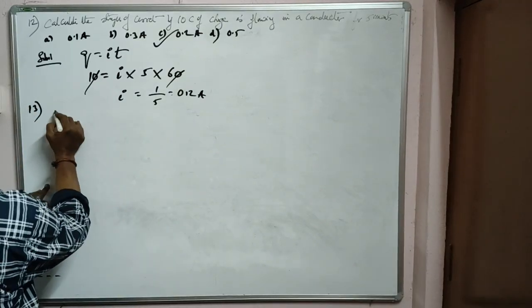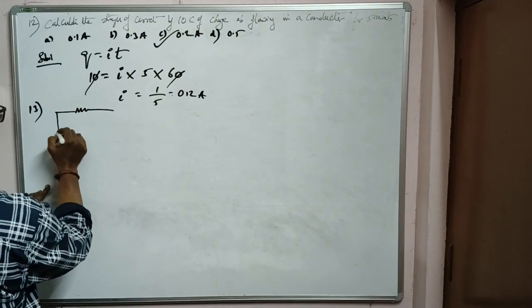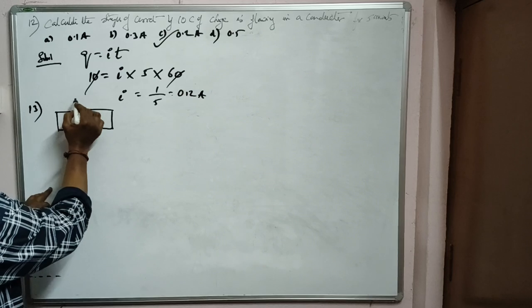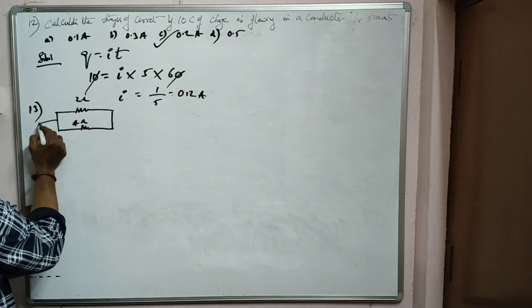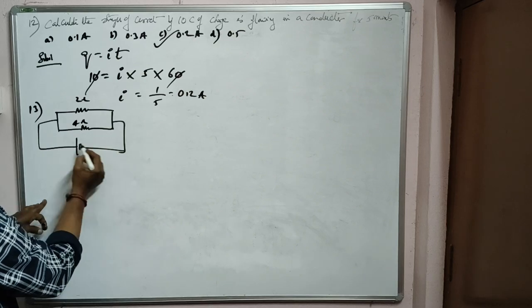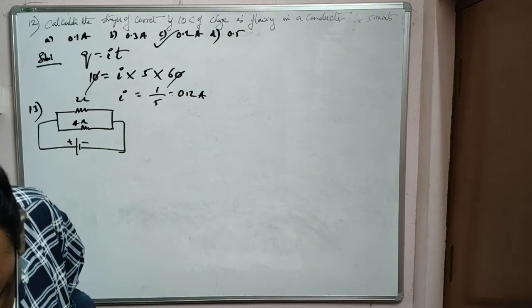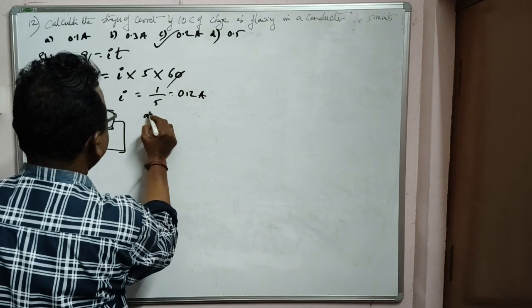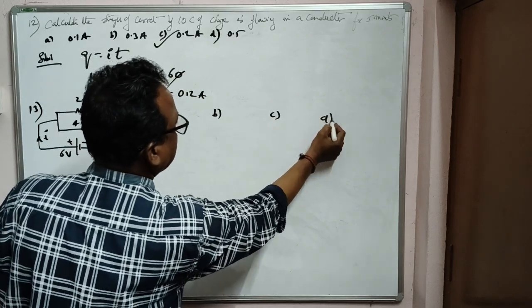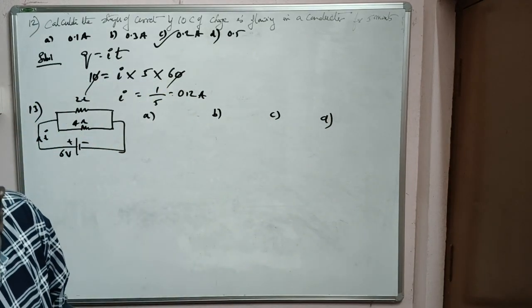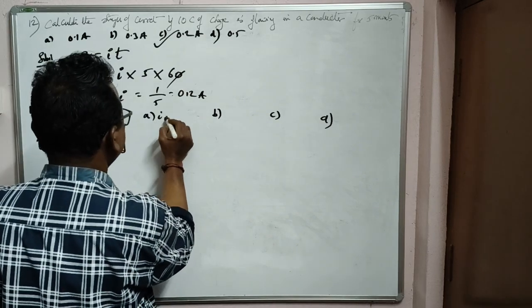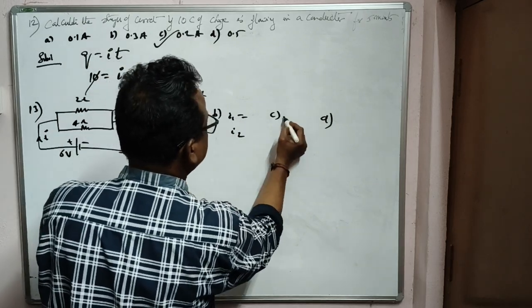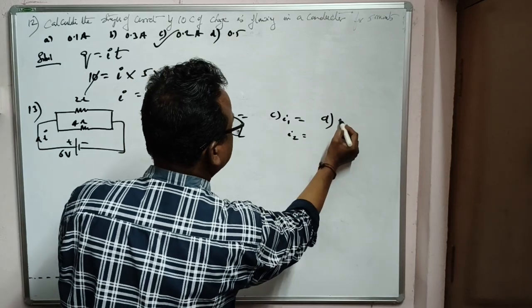He has given a circuit with 2 ohms and 4 ohms connected with a battery having voltage 6 volts. He is asking you what is I1 and I2.